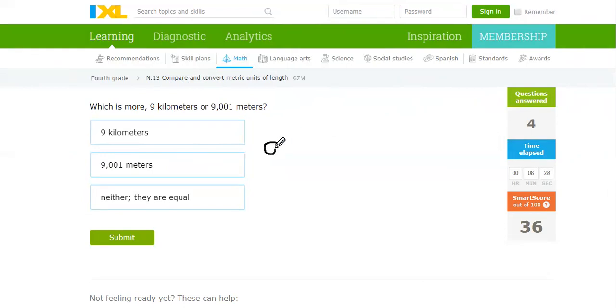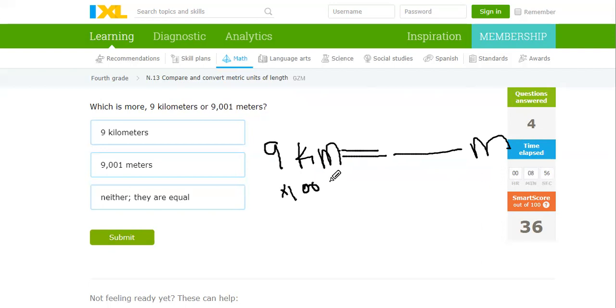9 kilometers equal what? How many meters? I know that each kilometer has 1,000 meters, so I'm going to multiply by 1,000 to get 9 times 1,000, which is 9,000.